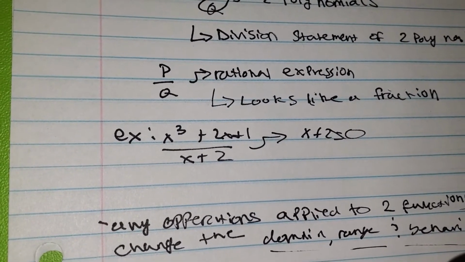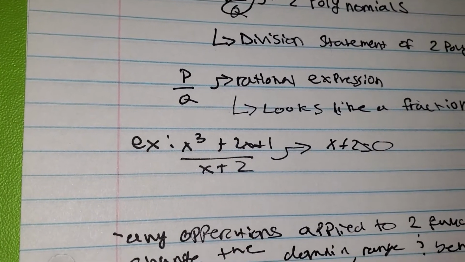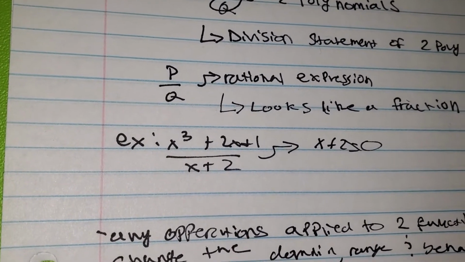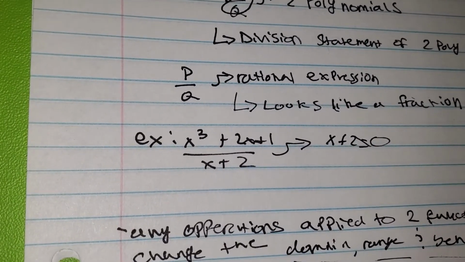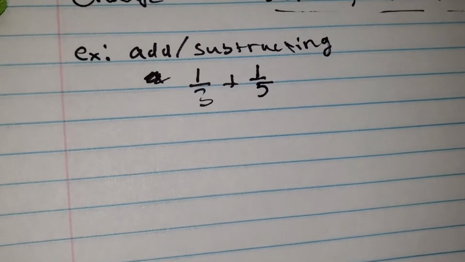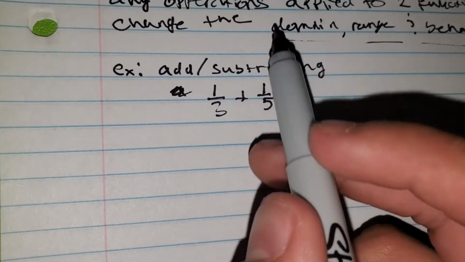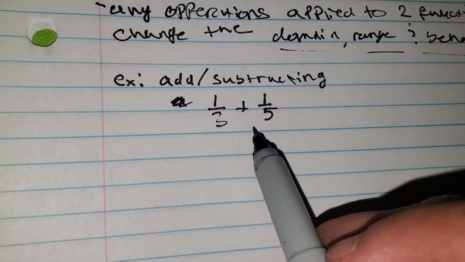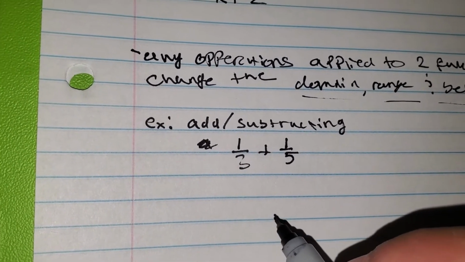The question is, when you have two fractions, if you remember in first or second grade when you started learning fractions, sorry guys, you can't see that. When you add two different fractions, how do we add them directly?